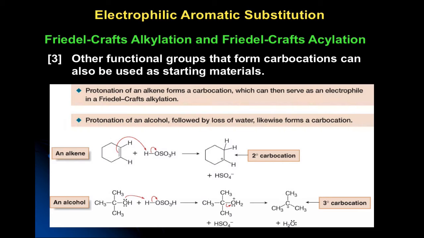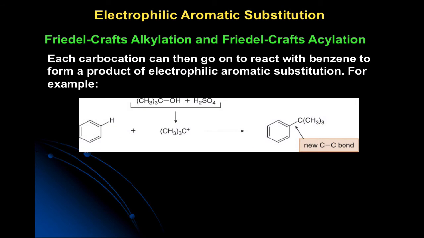So anything that can generate carbocations can be used in Friedel-Crafts chemistry, right? We have to worry about rearrangements, and we have to remember that there are certain halides that won't work. So keep that in mind.